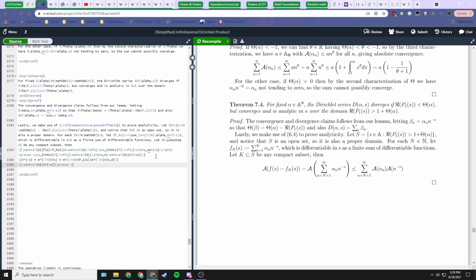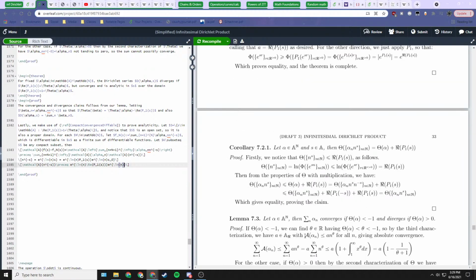It's bounded by e power ln n times the real part of p1 of s, and then we'd also have times e to the power of ln n.